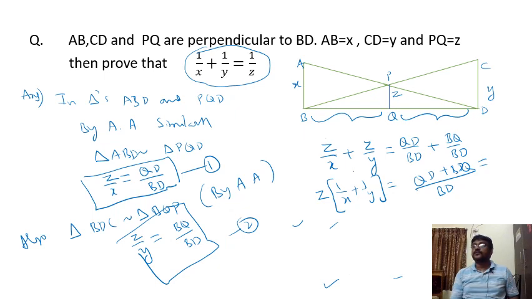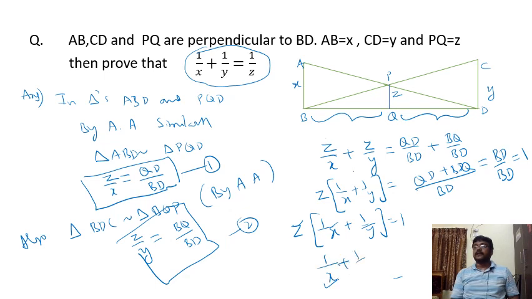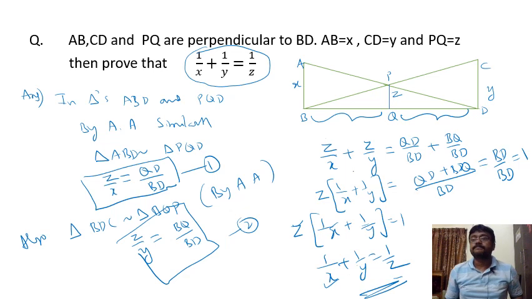If you add these two parts, you'll get BD. So BD by BD is equal to 1. So z into (1 by x plus 1 by y) equals 1. Bring this z to the other side. So 1 by x plus 1 by y is equal to 1 by z. That is the desired result.